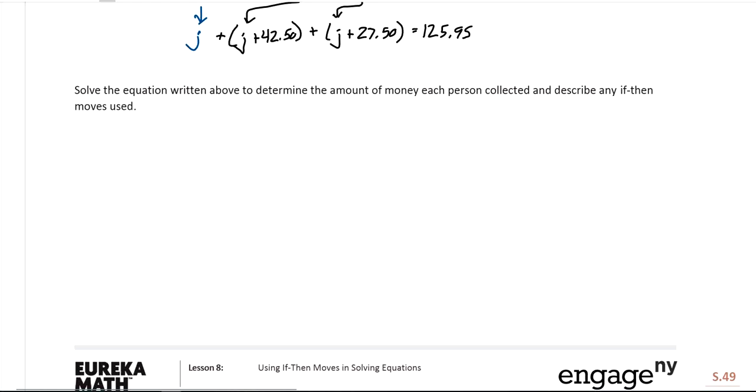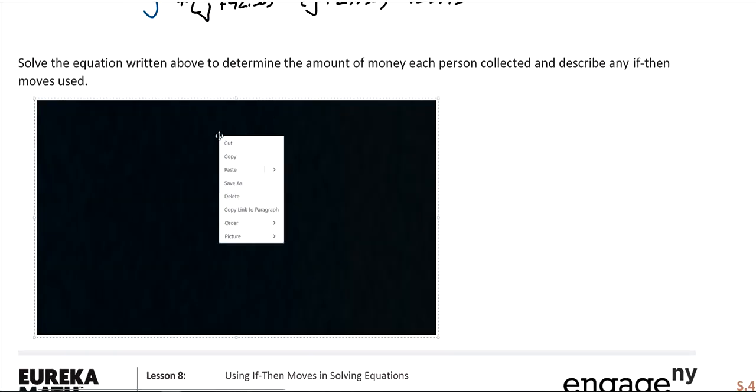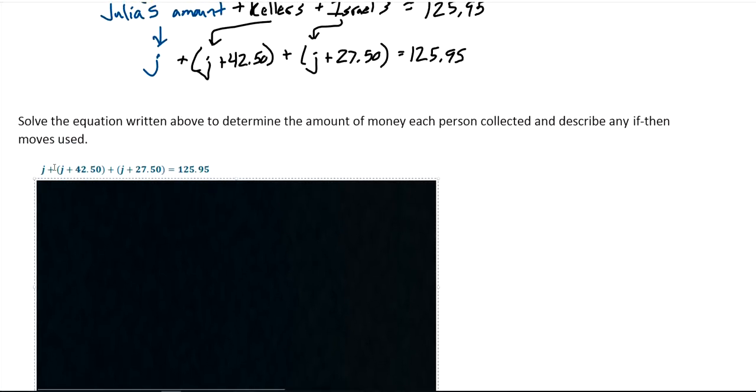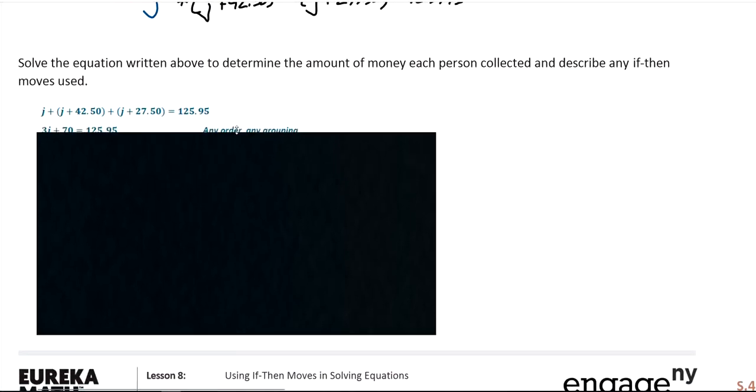All right, here we are. This will be a little cleaner to understand. We're going to use the equation we just came up with up above. If you take a good look, this is exactly the same as what we just did, this equation in terms of J. What we're going to do first is reorder it.